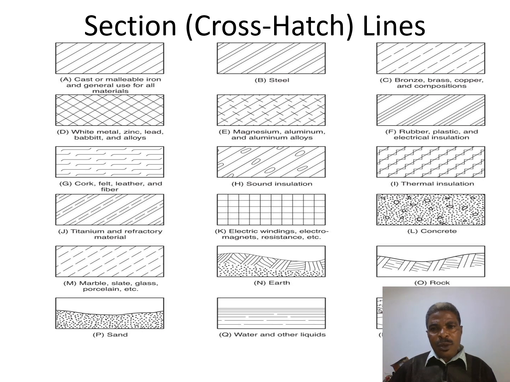And when it comes to bronze, you can see full lines and dashes. Rubber can have these hatching lines. White metal, zinc, lead, babbitt, and alloys are rather zigzag in form, and the others too. Section for thermal insulation looks like this.